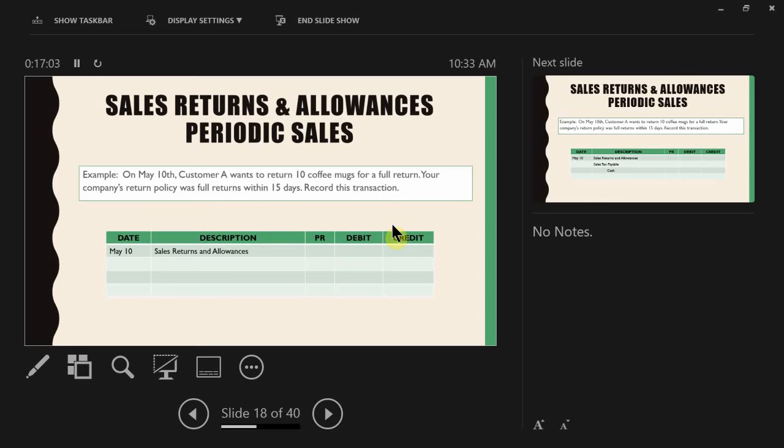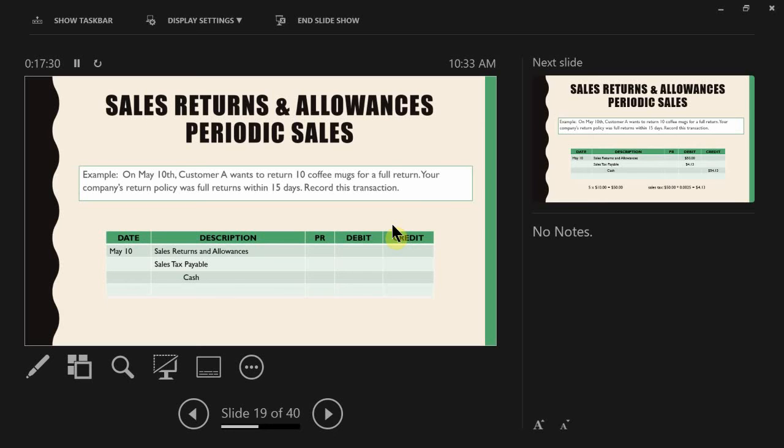So in this case, if this customer wants me to return 10 of those mugs, we originally charged them $5 per mug, so they're getting $50 back, okay? And of course, we're also going to give them a portion of the tax money back, because they're returning the product back to us.